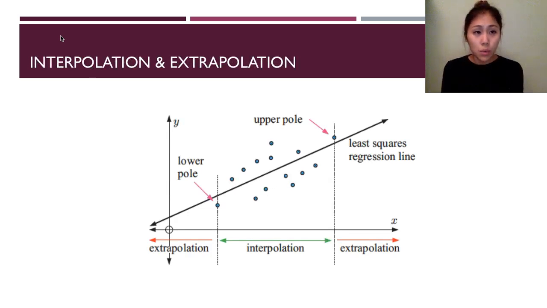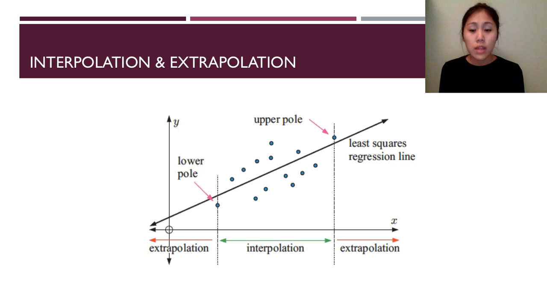So finally, we lead to the last point on interpolation and extrapolation. So there is an upper and a lower pole. This means the highest and the lowest value. And well within these two values is going to be your interpolation.